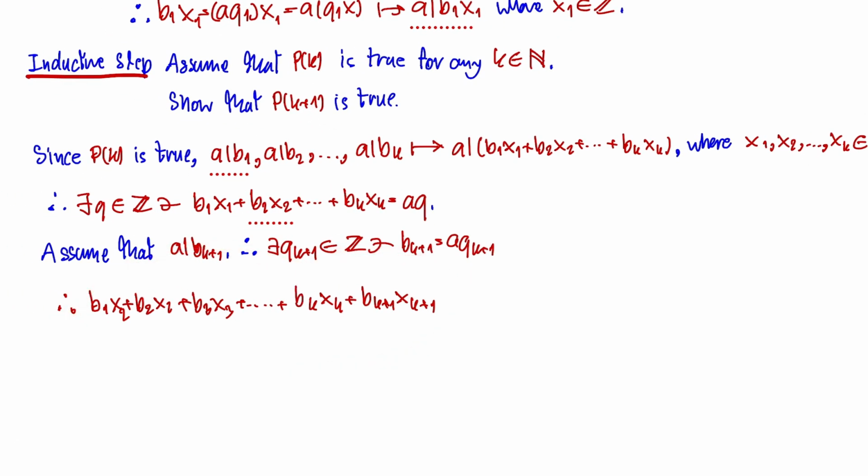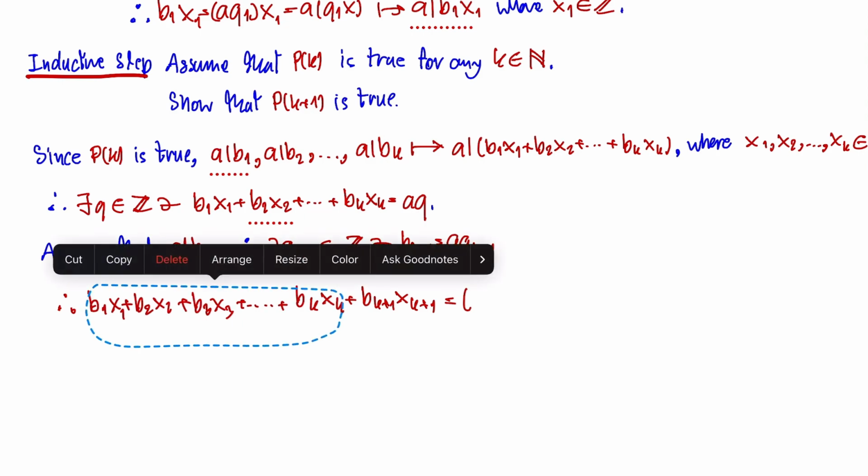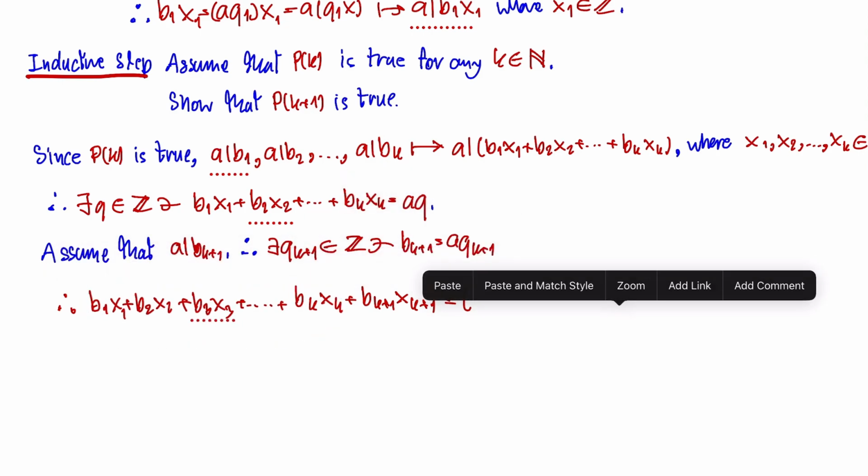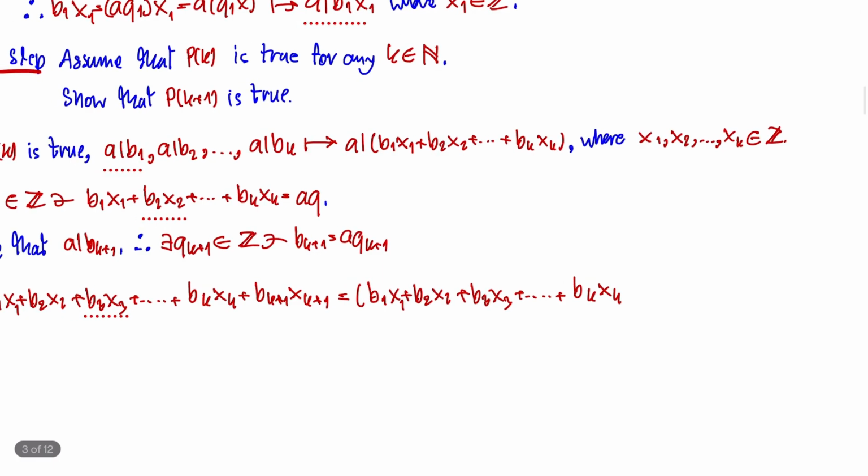We have the sum from b1 to bk, so we focus on the first k terms, plus bk plus 1 times xk plus 1.